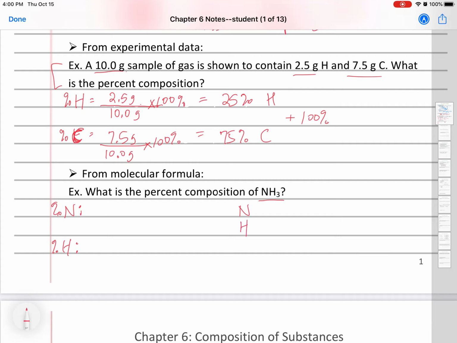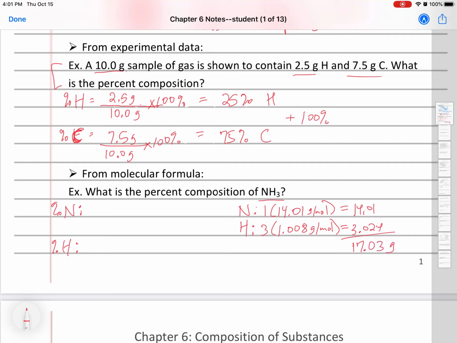So in NH3, ammonia, we have 1 nitrogen, 14.01 grams per mole. We're figuring out the molar mass here. And hydrogen, we have 3 of them, 1.008 grams per mole. So 14.01 plus 3.024 is a molar mass of 17.03 grams.